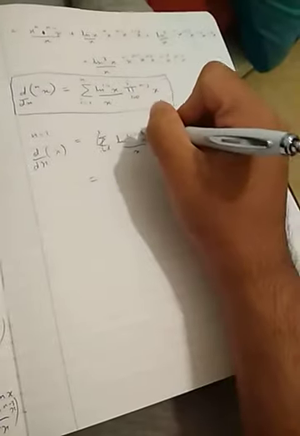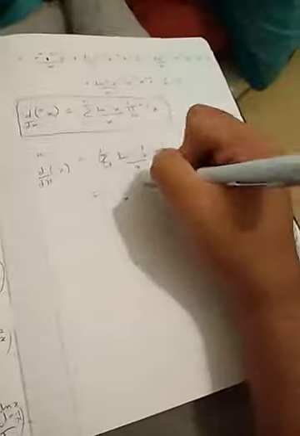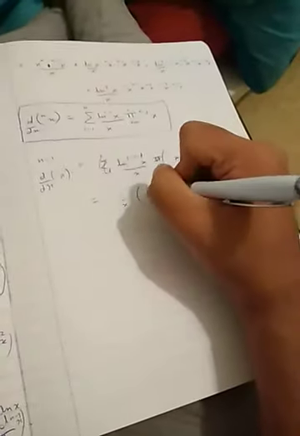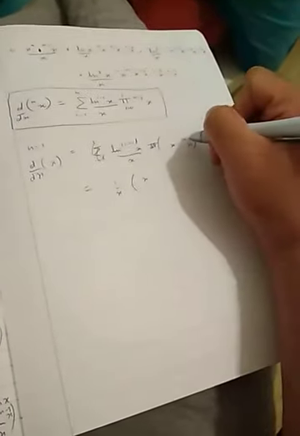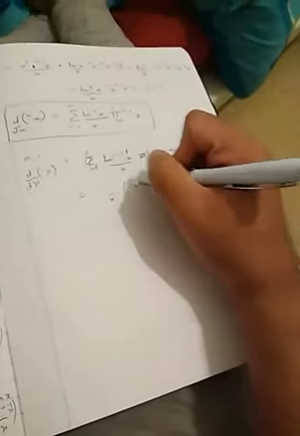Ln to the power 1 minus 1 is simply 1, so this is 1 upon x times x, and x tetration 0 is basically 1. So x times x cancels out. We get d by dx of x is 1.